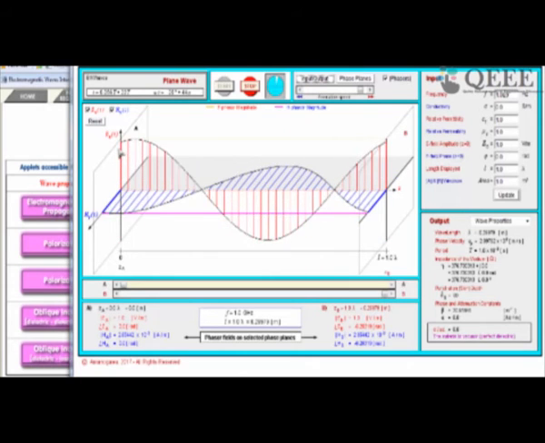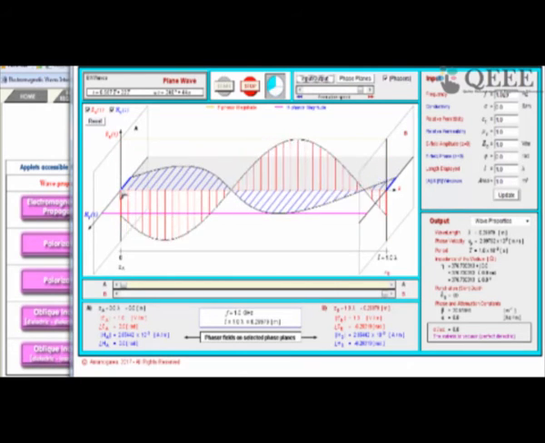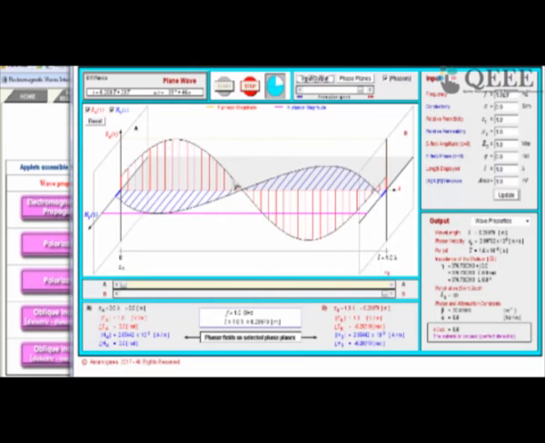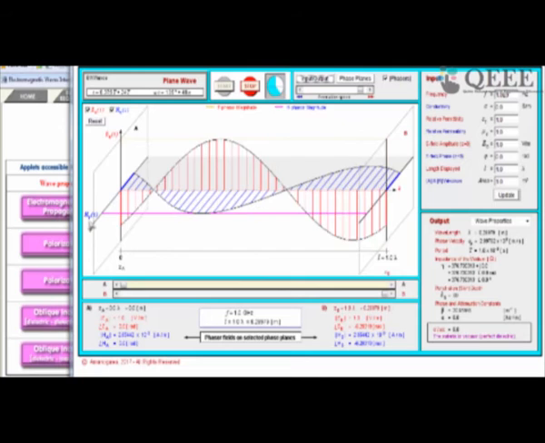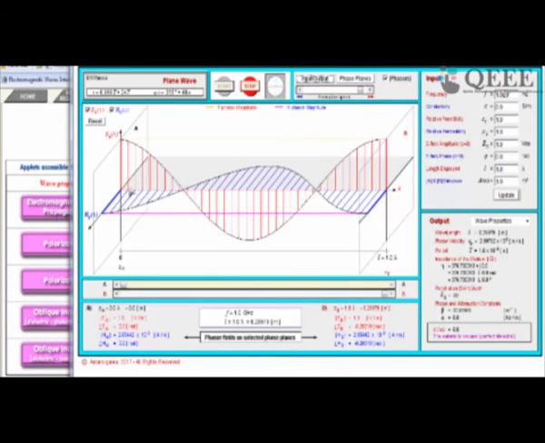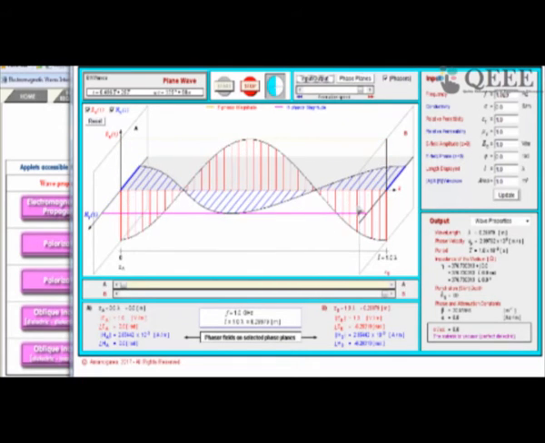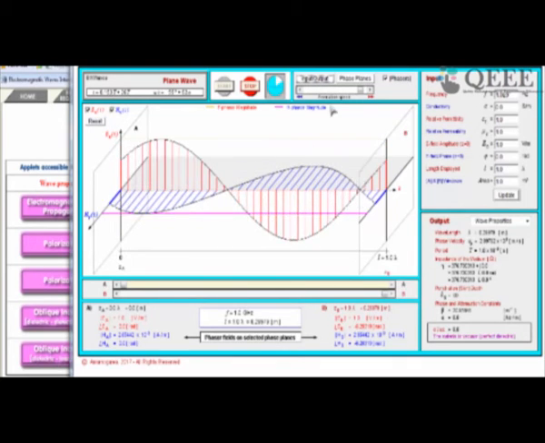So, electric field changing in time is giving rise to a change in space, which is what you are seeing. And of course, the consequence is that the electric field and magnetic field are orthogonal to each other, and the wave is propagating along the third orthogonal direction.